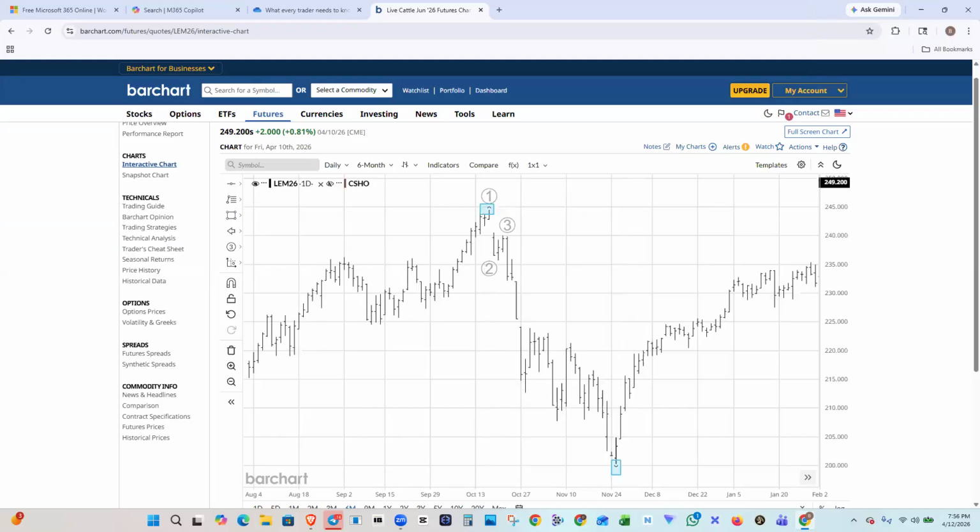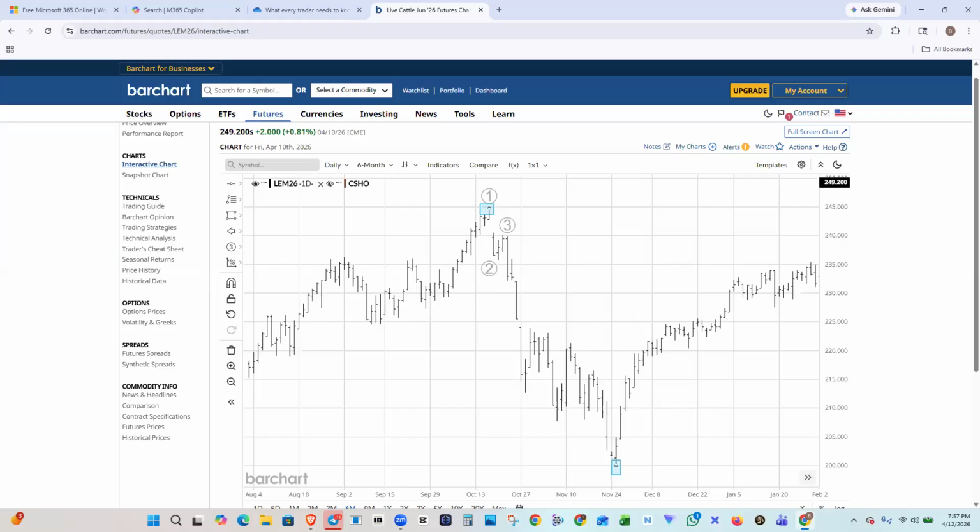Barchart just gives that to you so you'll know where to find it. So if you'll notice, you got a 1, 2, 3 top formation, which took it from an uptrend to a downtrend. All right. So if the number 1 is the highest point, we know it as what?